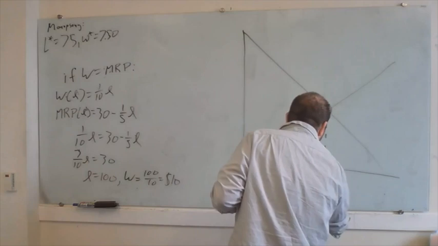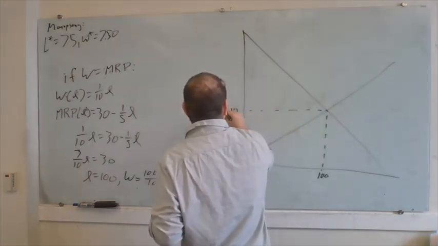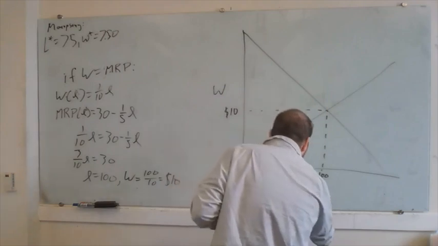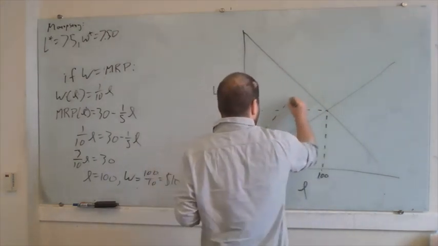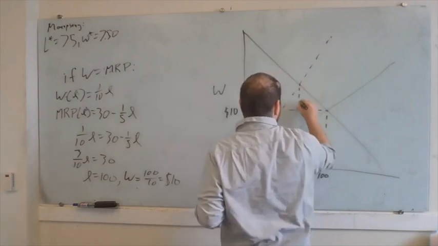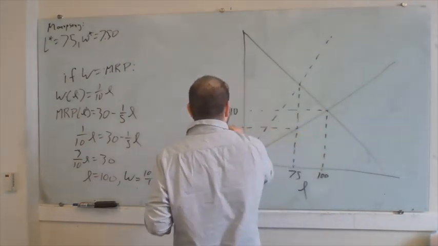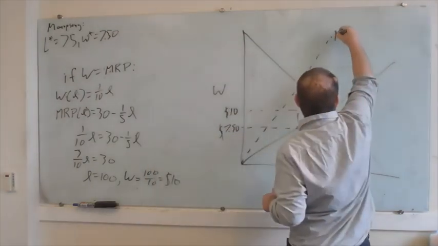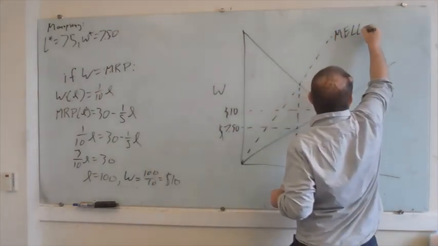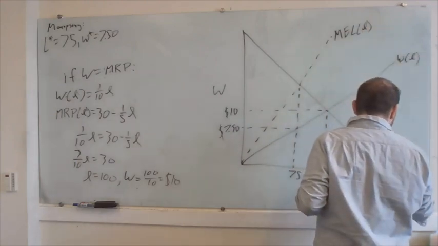So this economically efficient outcome would have been $10 and 100 workers, right? Instead, we're going to end up with our monopsonistic outcome of 75 workers at $7.50 an hour, right? This is our MEL. This is our WL. This is our MRP.